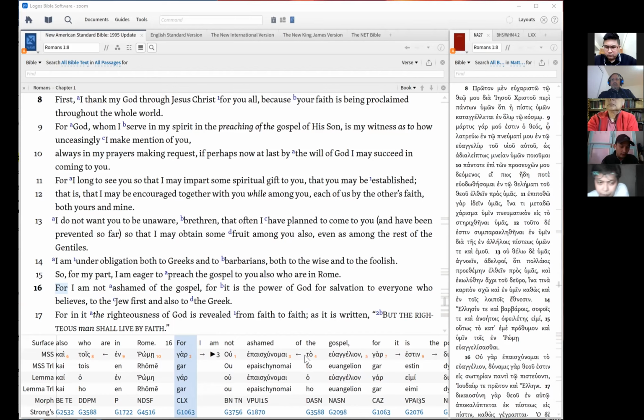Here, ta evangelion is in the accusative case, meaning it's the object of the verb, just like in English. So the verb is epaiskunomai, which means ashamed of in English. That's how we translate it. So to put of with the article is wrong. This interlinear is actually misleading because it's including that idea in the accusative case.